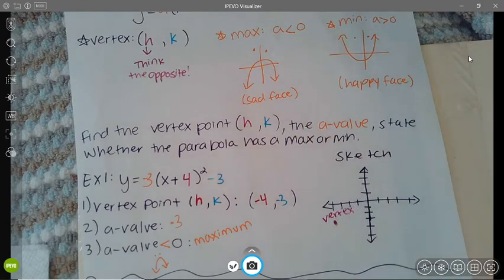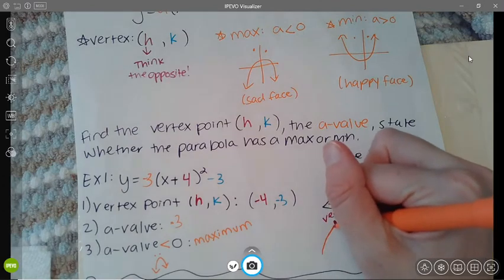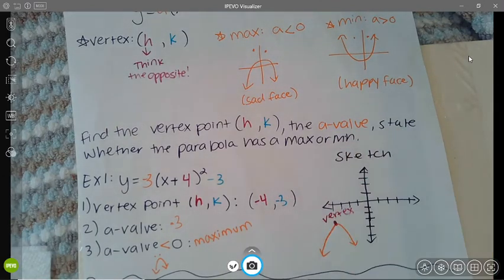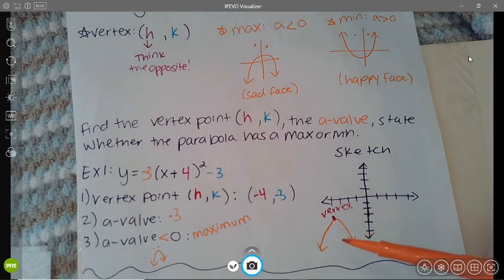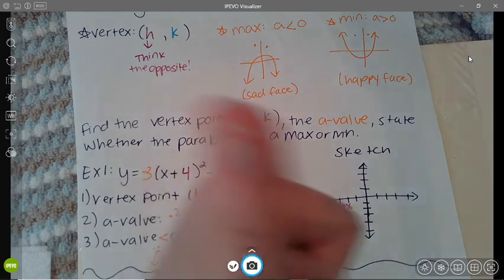And I know my graph is facing down, so it's going to look something like this, which mine looks really bad. Sorry, that was kind of bad. But again, it's not a very accurate graph, but I at least know kind of where the vertex is and if it faces up or down. So there you go, you guys. Not too shabby, right? Let's do example 2.